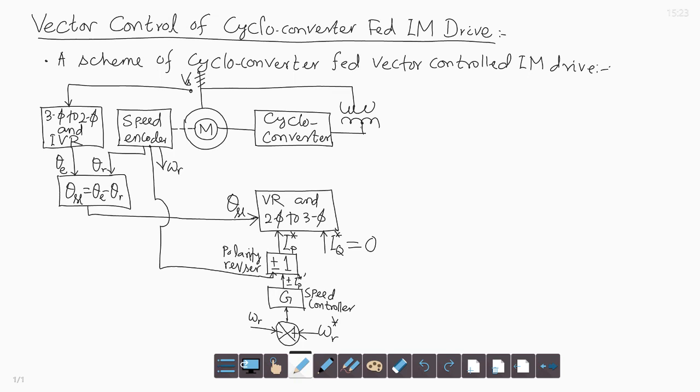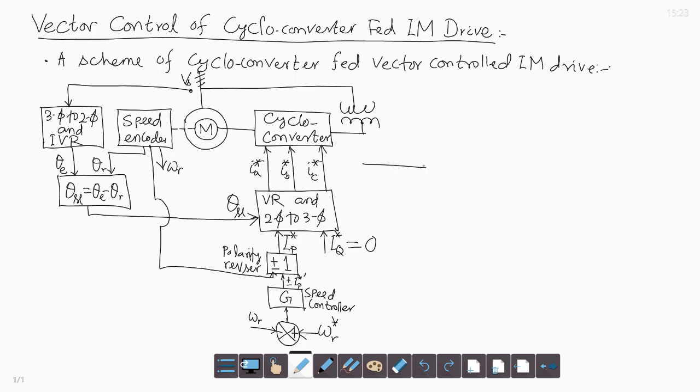From IP star and IQ star, the vector rotator and 2-phase to 3-phase conversion generates the command value of the currents IA star, IB star, and IC star, command value of the 3-phase currents. So let us go to the vector diagram.